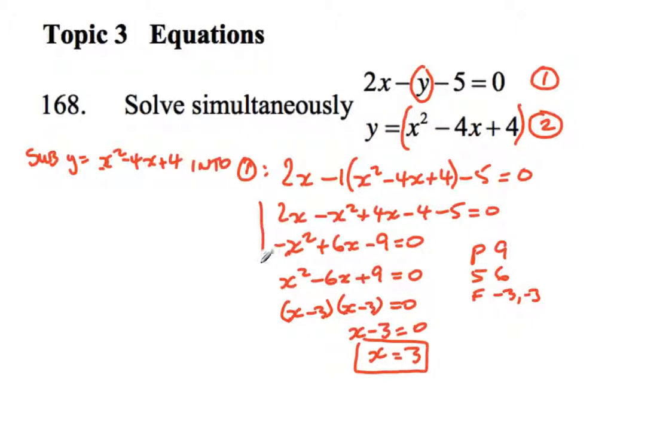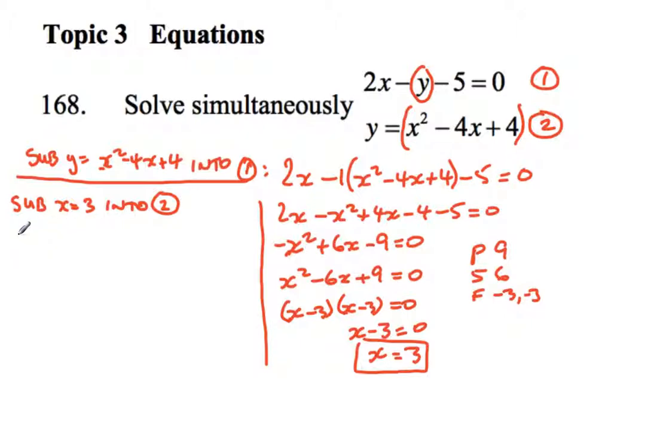Now over here, I'll use this space over here now. I'll sub x equals 3 into, I think I'll go with equation 2 because it's got a y equals already.